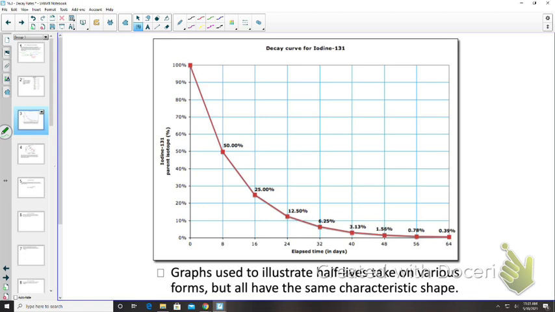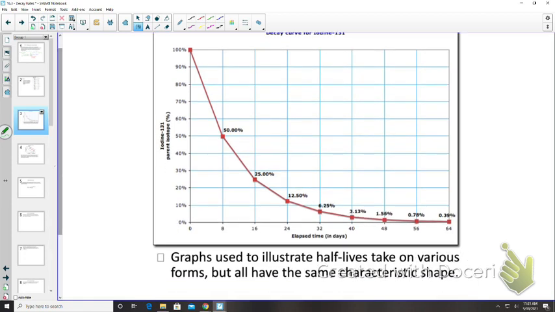So graphs used to illustrate half-lives are going to represent an inverse decay, right? Instead of linear decay, it's an inverse relationship. So we start at the top, where our N naught is going to equal 100%. That's how much radioactive material we have.